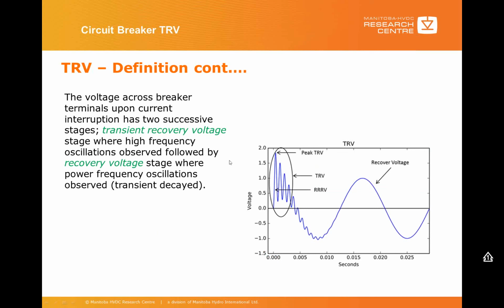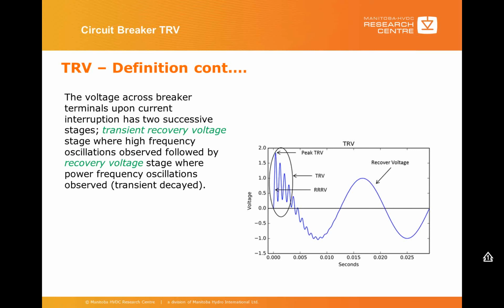The voltage across the breaker has two successive stages. The first stage is the transient recovery voltage, where you see high frequency oscillations, which is called transient, followed by another stage called just recovery voltage, which is basically the power frequency oscillation.